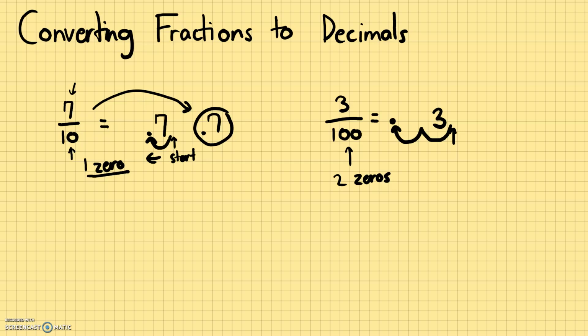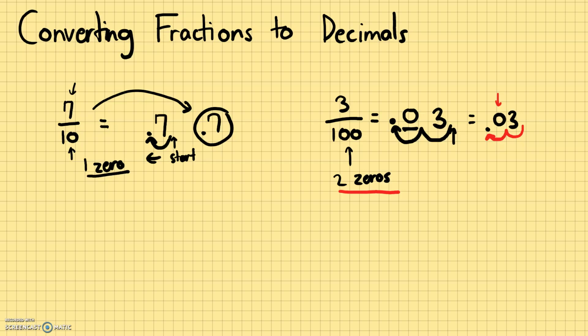And to show that there's a missing place here, you have to put a 0 here like this. So now this is going to become 0.03. You can picture this as you went 2 places. Let me use a different color to show you how the decimal moved. It moved 2 places because there were 2 zeros. And to show that we moved 2 places, we put a 0 here.